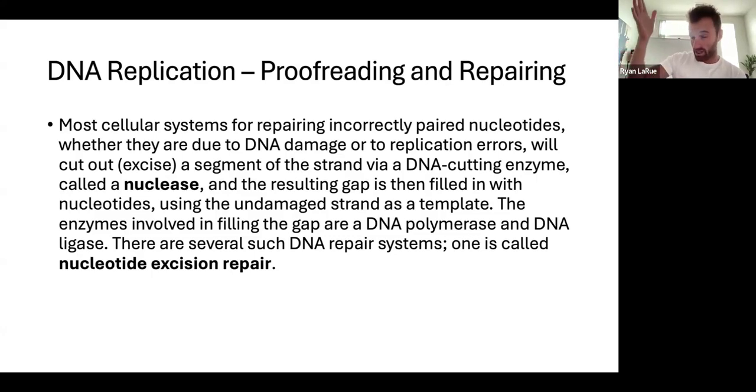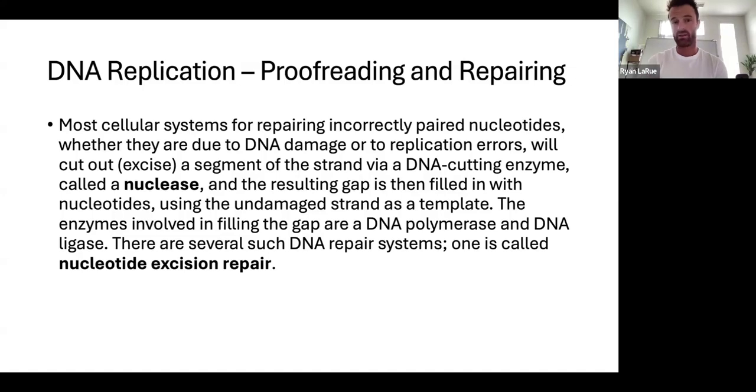It will cut straight through the double helix. In a lot of cases, it can actually cut through both strands. It depends, but the point is, it's going to cut the DNA and remove the incorrect nucleotide, or nucleotides if there's more than one, sometimes 2 or 3. And then it'll fill in the gap that's exposed with the correct complementary DNA nucleotides.